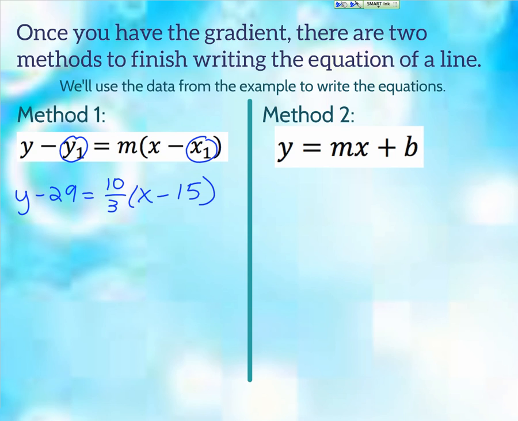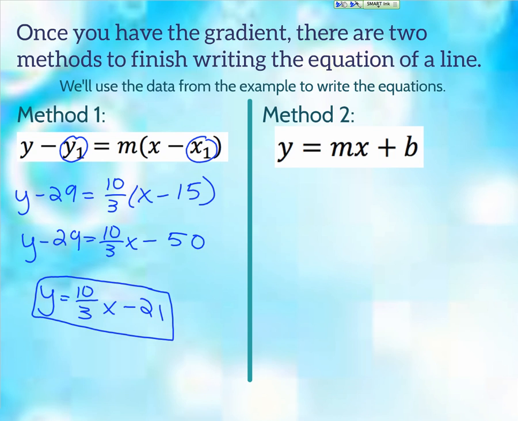Then we're going to distribute the slope. So I have 10/3 x, and 10/3 times 15 equals 50. That's kind of odd. Usually your y-intercepts turn out to be decimals as well. This particular problem, it's going to turn out to be a whole number. So once I add 29, y equals 10/3 x minus 21.